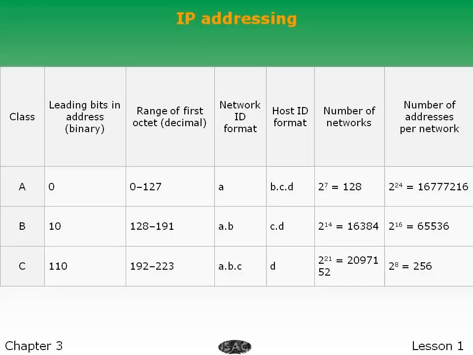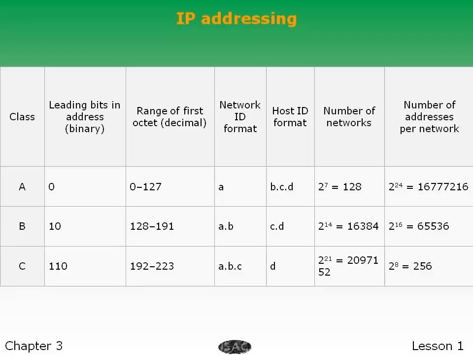In class B, the first 2 octets are used for the network, and the first octet should be in the range starting from 128 and ending with 191.